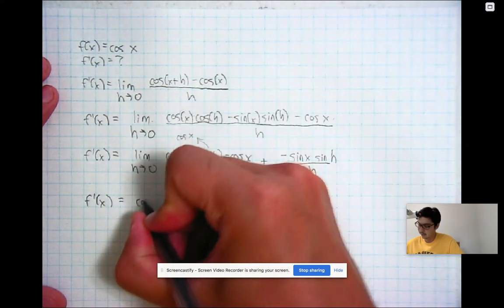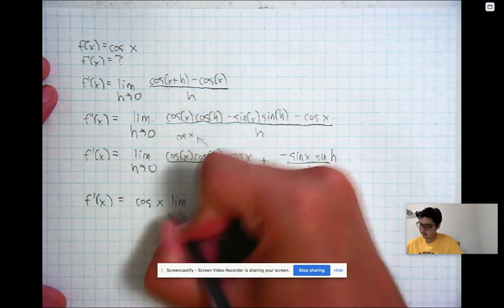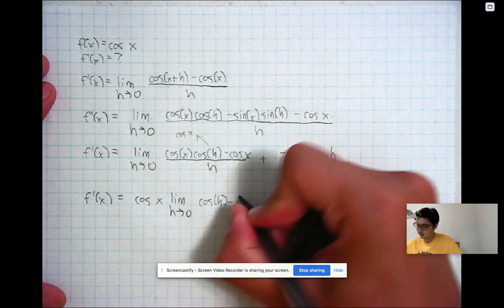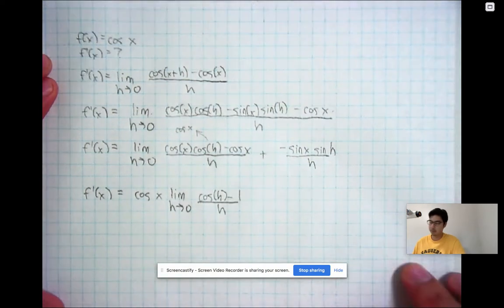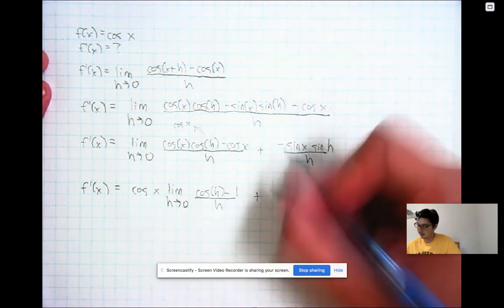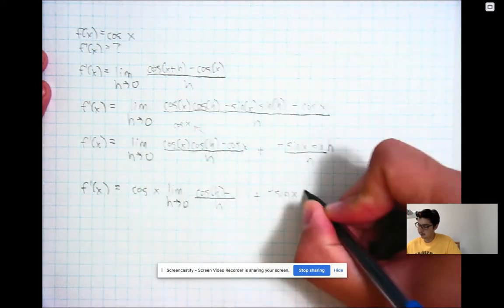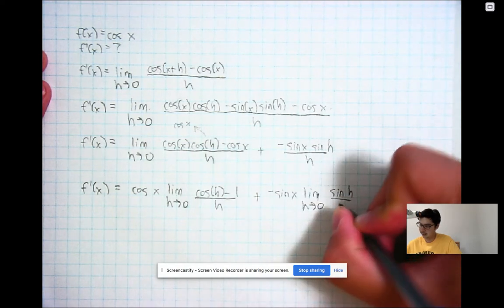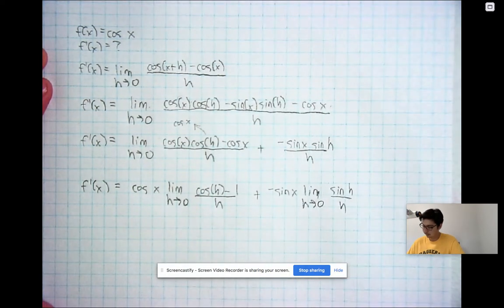So I'm going to put that in front, cosine of x, the limit as h approaches 0 of cosine of h minus 1 over h, plus, and then I'm going to factor out a negative sine of x of this limit here, sine of h over h, because that's not affected by the h.